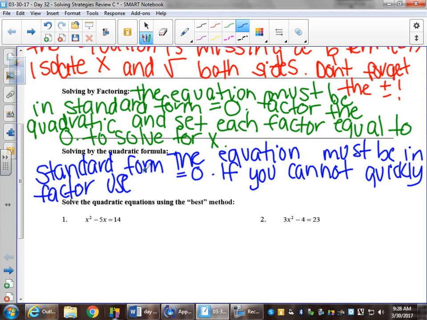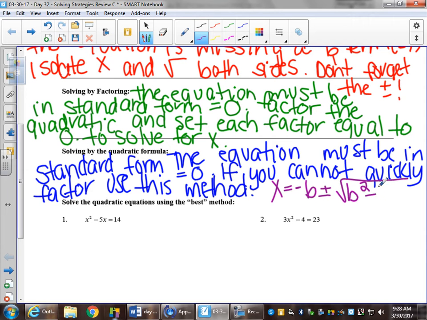If you want me to re-say something, just let me know, because I know it's a little sloppy. What is the quadratic formula? X equals... Do you want me to re-say this, or can you read it?